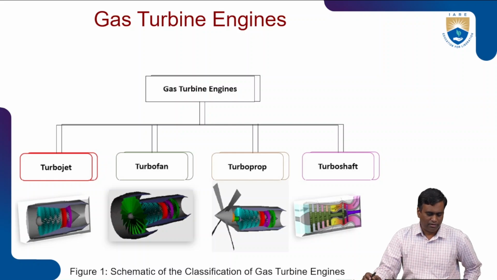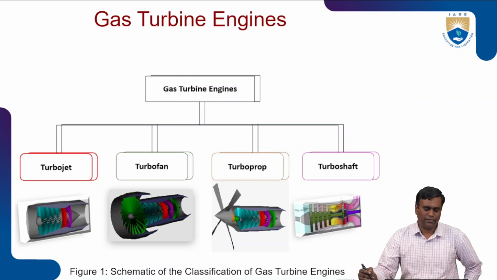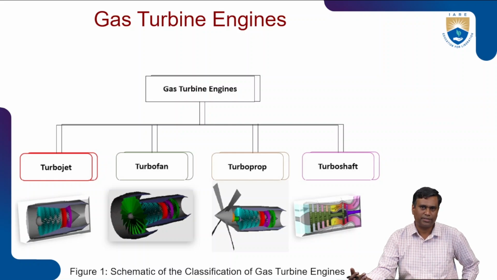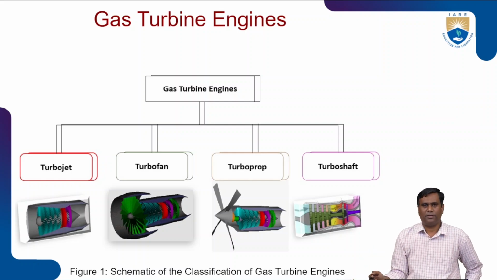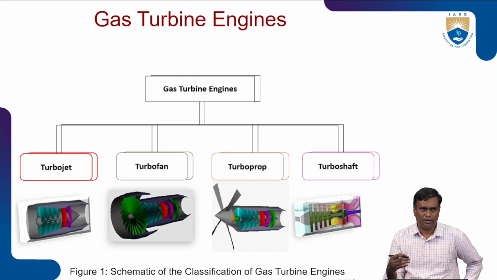This is the common working principle of a gas turbine engine or gas generator, right? And a turbojet is efficient at high speeds, that is supersonic speeds, and can generate high thrust in a shorter time. So for high speed applications or military applications, the jet engine is preferred, but it consumes more fuel and is noisy as well. Whereas the turbofan engine was developed to compensate for the limitations of the jet engine, especially at lower speeds, lower supersonic speeds or transonic speeds.